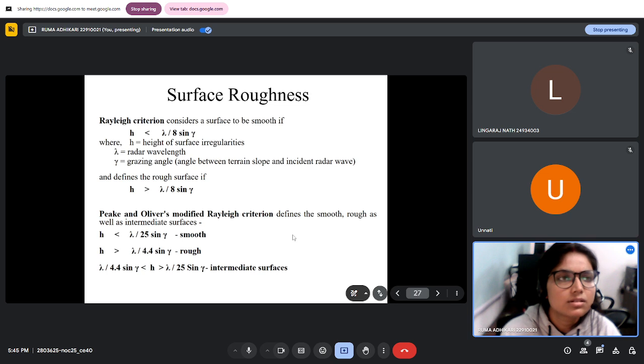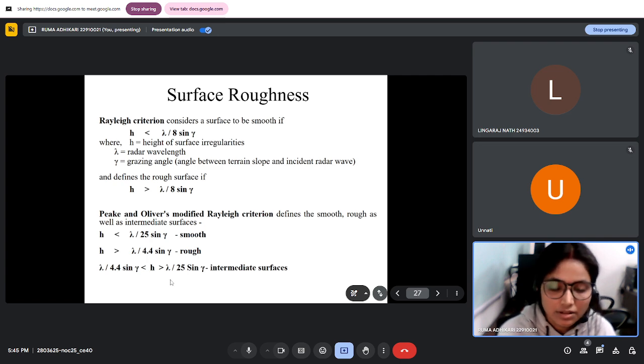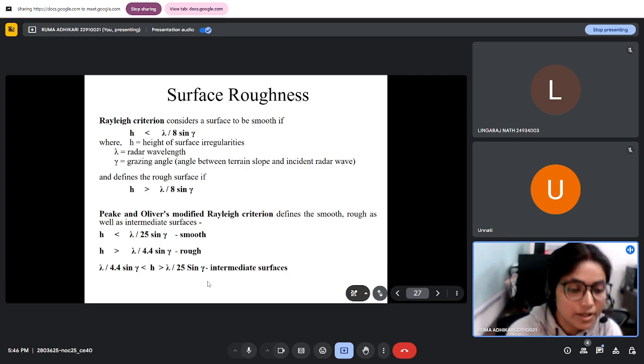Other than water, mostly our terrain, our targets, lie in the intermediate surface. That's why it is very complex also. We have seen it shows both diffuse and specular scattering, and what the antenna is receiving is very complex to differentiate.